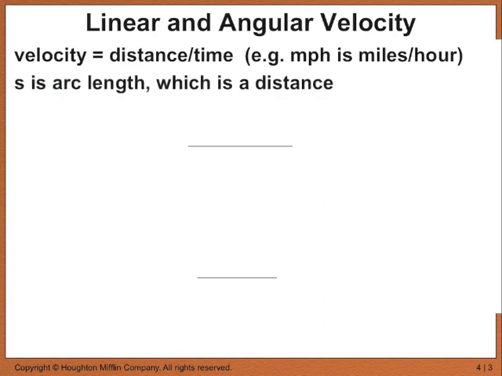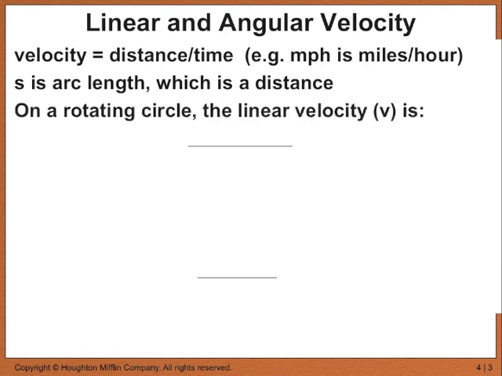Now, let's also keep in mind that S, which we've been talking about, is an arc length. And anytime you're talking about length, you're talking about distance. 2 inches is a distance, just as 3 miles is a distance. With those two concepts in mind, let's now get to the meat of this screen. On a rotating circle, the linear velocity v is arc length over time.